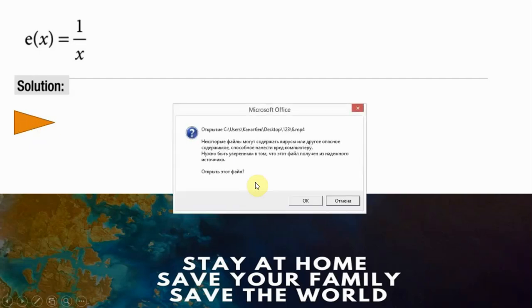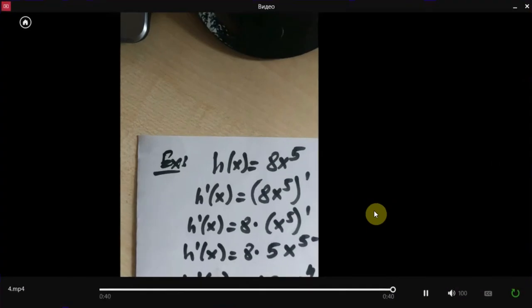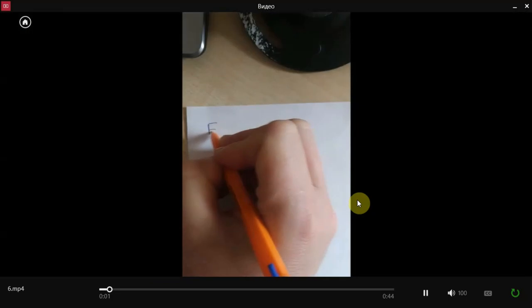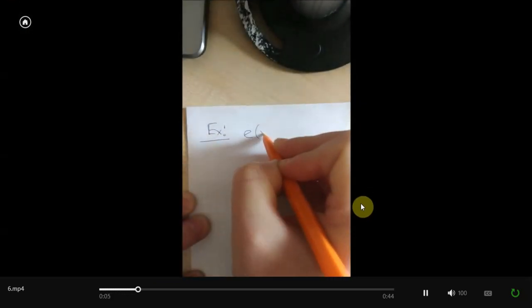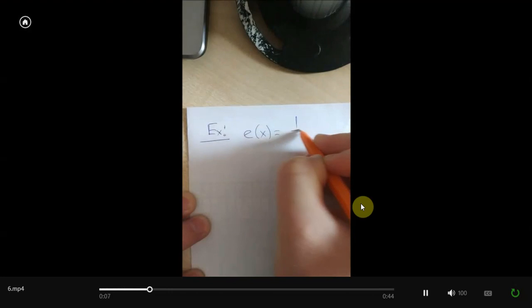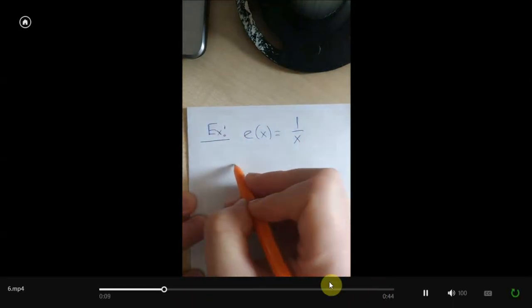E of x is equal to 1 over x. How can we differentiate fractions? Okay, let's watch the solution. Given the example, e of x is equal to 1 over x.